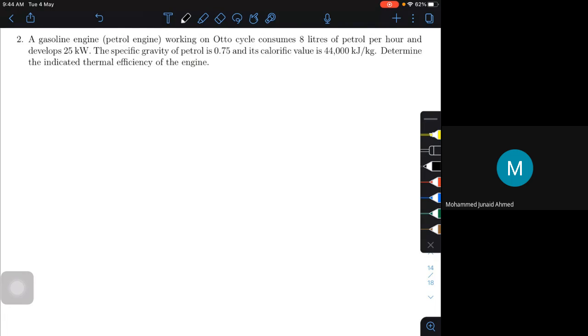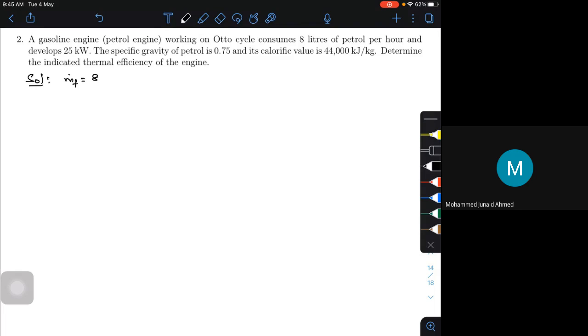Okay, let's try to solve this problem. Solution. What are they given? They are given the fuel consumed per hour, which is 8 liters, so 8,000 cc. So it is 8 into 10 to the power of 3 divided by 3,600.